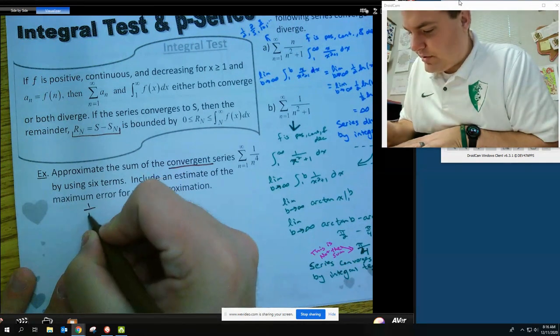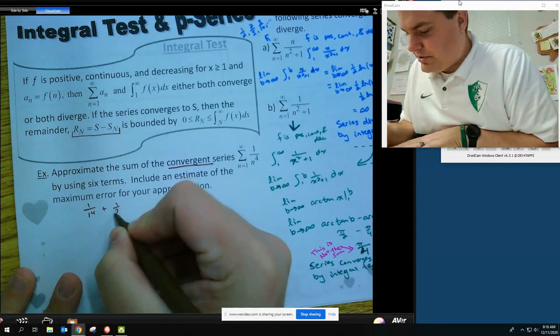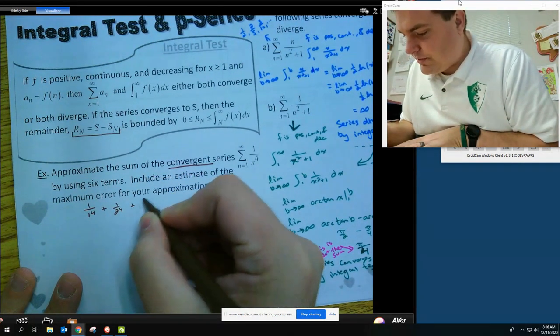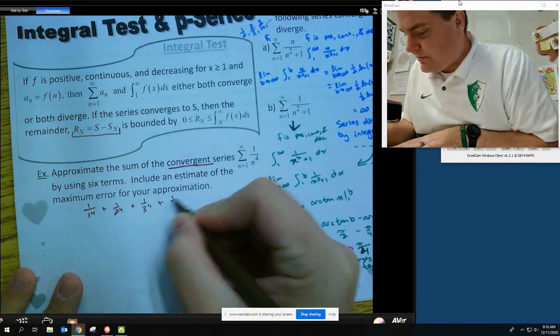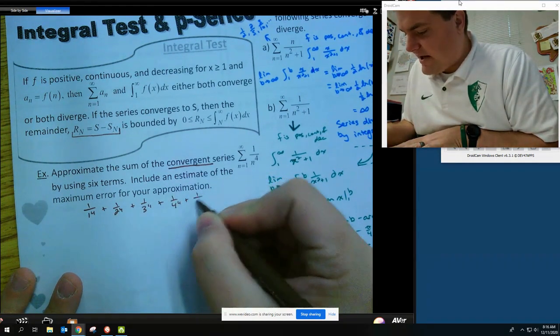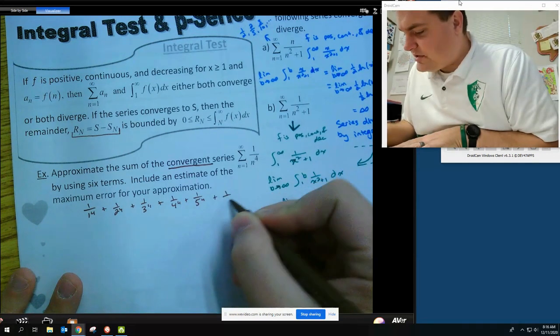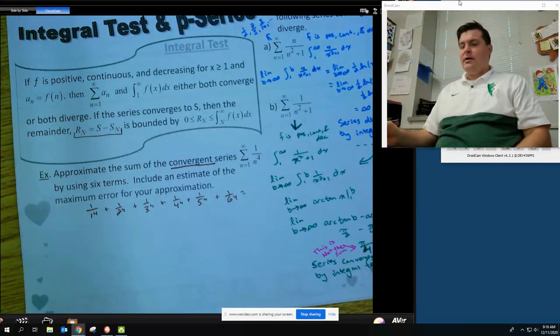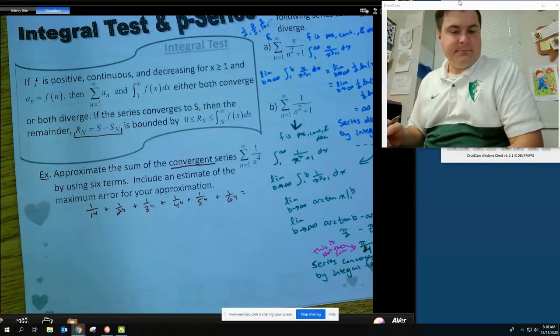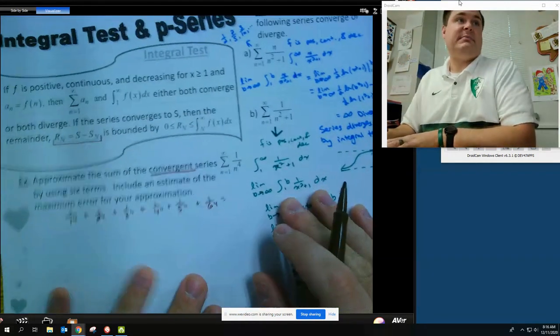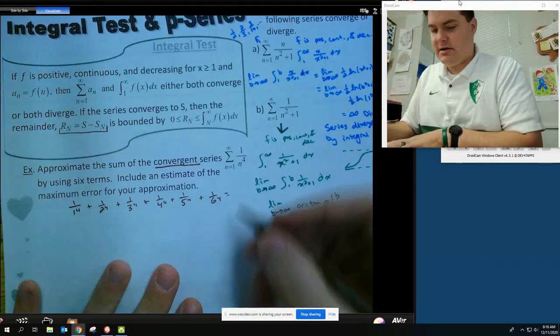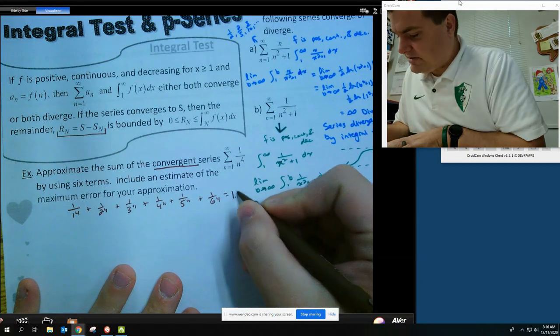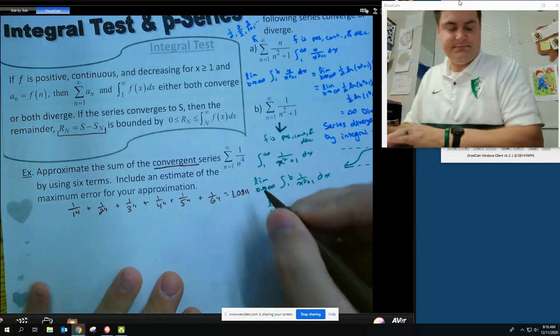So 1 over 1 to the 4th plus 1 over 2 to the 4th plus 1 over 3 to the 4th plus 1 over 4 to the 4th plus 1 over 5 to the 4th plus 1 over 6 to the 4th. If you type this into your calculator, it gives a number of 1.0811.